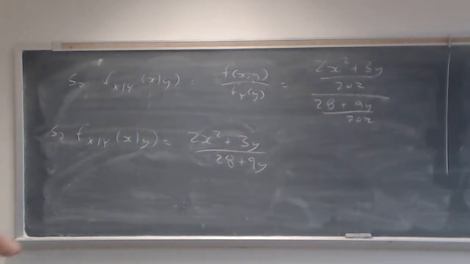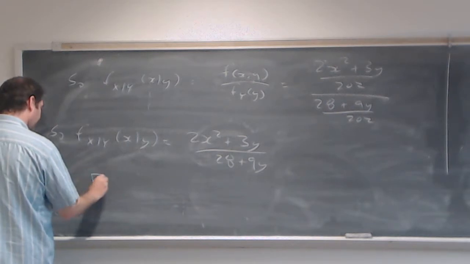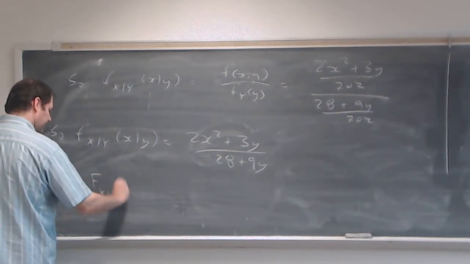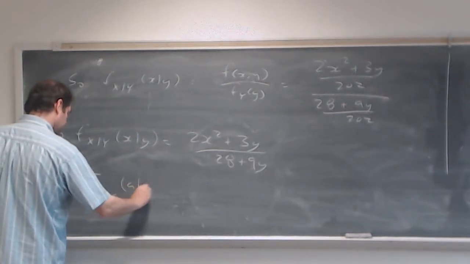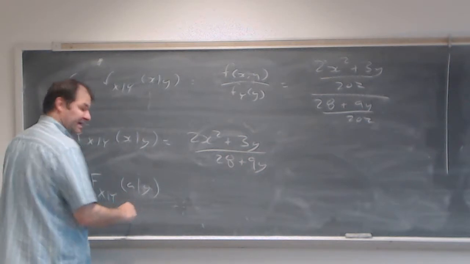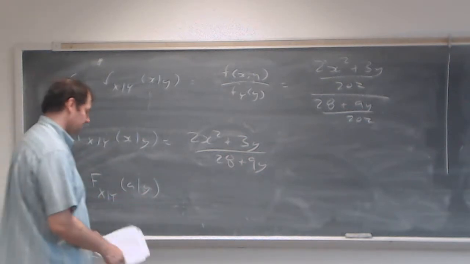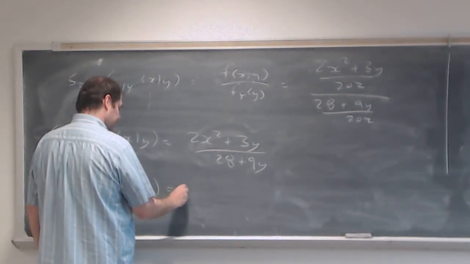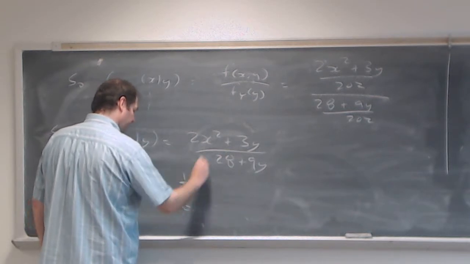Okay, so the conditional CDF of X given Y of a given y, in the case that a is sandwiched between 1 and 2, could be equal to 1 but not 2, is equal to the sum as x runs from 1 to 1 of this.